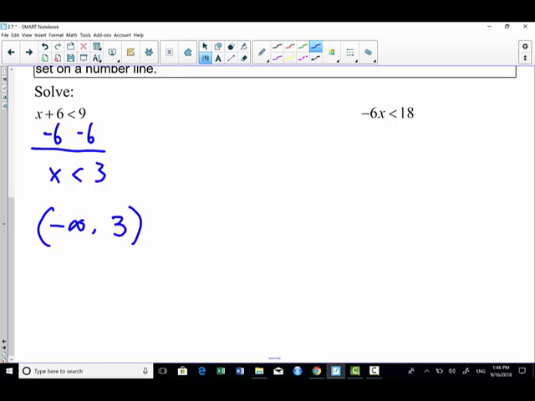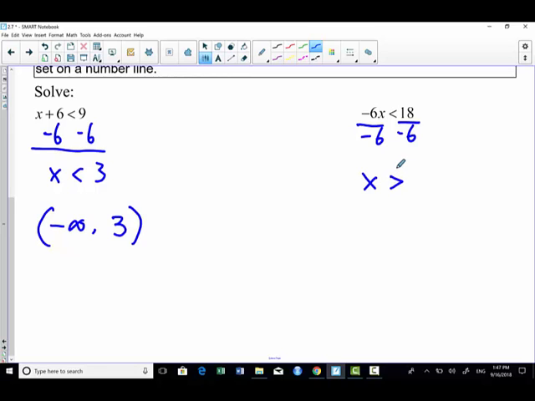The next example, negative 6x less than 18. So you're going to apply the multiplication property directly to leave x by itself by dividing by negative 6 on both sides. But be careful, if you divide or multiply by a negative number on both sides, you've got to reverse the inequality symbol.